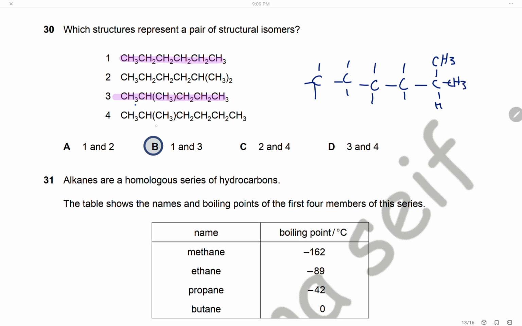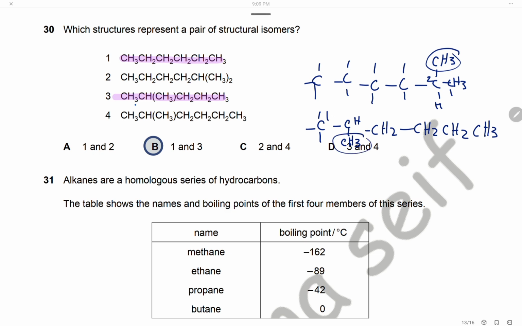And for compound 4: CH3, CH, CH3, CH2, CH2, CH2, CH3. Here we have a methyl group on carbon number 2, and in compound 2 also we have a methyl group on carbon number 2. So they are the same compound. They are not isomers. The isomers here are only 1 and 3. So the answer is B.